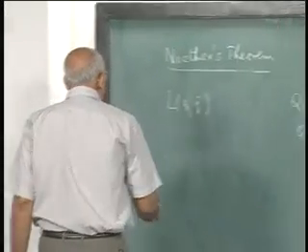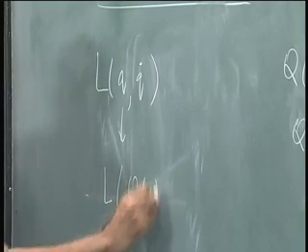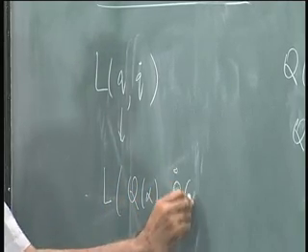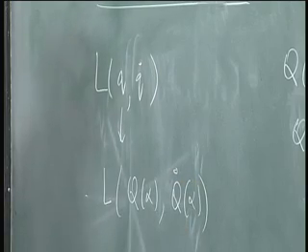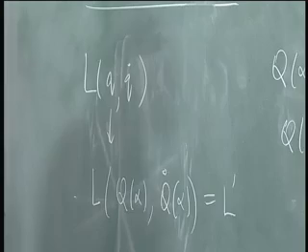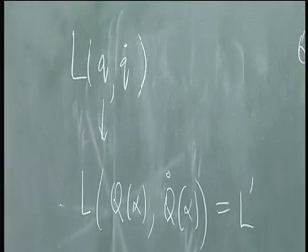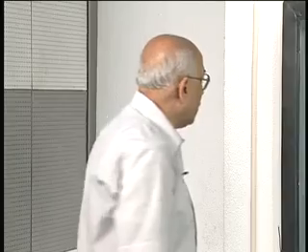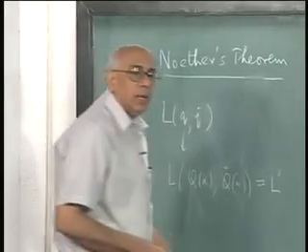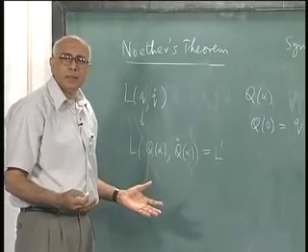The Lagrangian here goes into the Lagrangian q of alpha, q dot of alpha, and let me call this Lagrangian L prime. L prime is equal to L when alpha is equal to 0 by definition. And now I ask, how would the equations of motion remain unchanged if L prime is equal to L? They would not change.